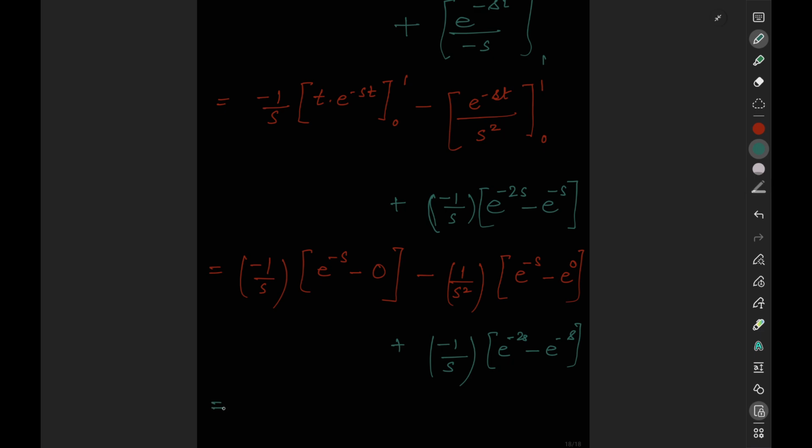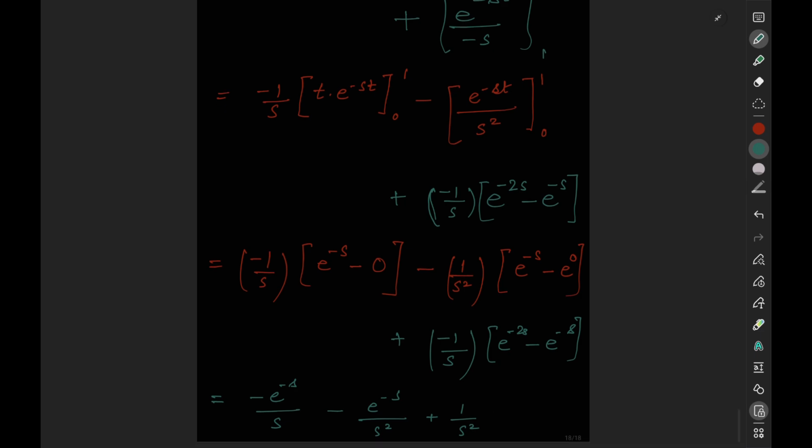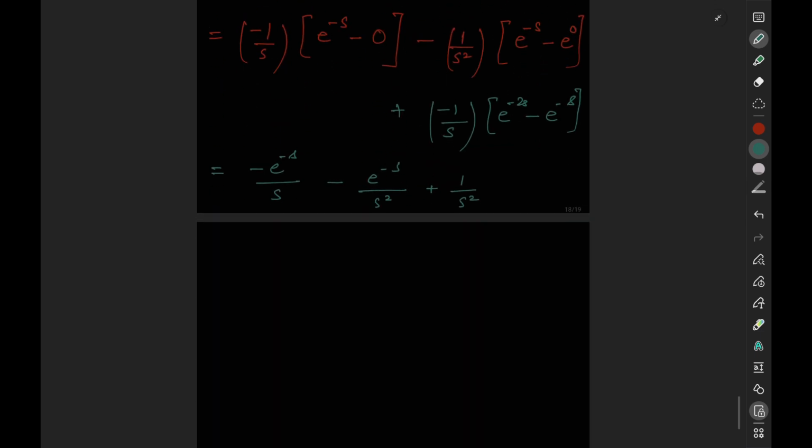On solving, we will get minus e to the power minus s upon s, minus e to the power minus s upon s square. E to the power 0 will be 1, so plus 1 upon s square, plus e to the power minus 2s.